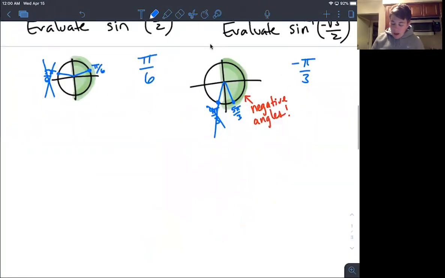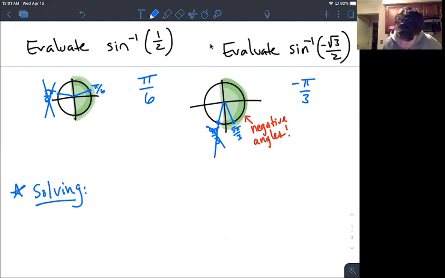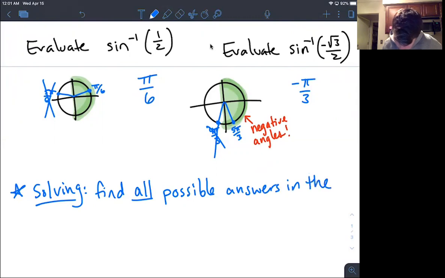Now, I want to make a very quick note before we move on to cosine, and I would love for you to write this down just to remember it. When you are solving, you need to find all possible answers in the given domain.